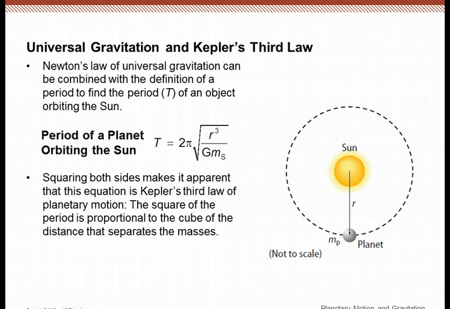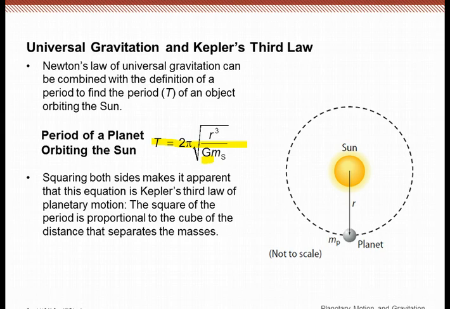So any object orbiting the sun, we can find its period just looking at its distance from the sun and the mass of the sun, and of course knowing big G. But big G doesn't change. It doesn't change anywhere in the universe, whereas baby G actually does change. Baby G is dependent upon where you are. So your acceleration due to gravity depends on what planet you're on, and big G, same throughout the entire universe.